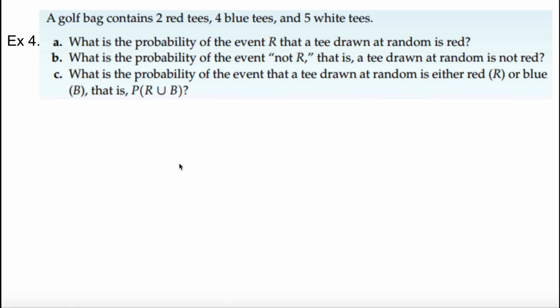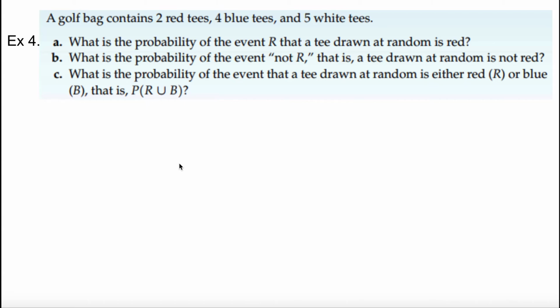Okay, so here is one example that we can do. A golf bag contains 2 red tees, 4 blue tees, and 5 white tees. What is the probability of the event R that a tee drawn at random is red? So solve this on your paper. Okay, so we start from P of R, the probability that a tee drawn at random is red.